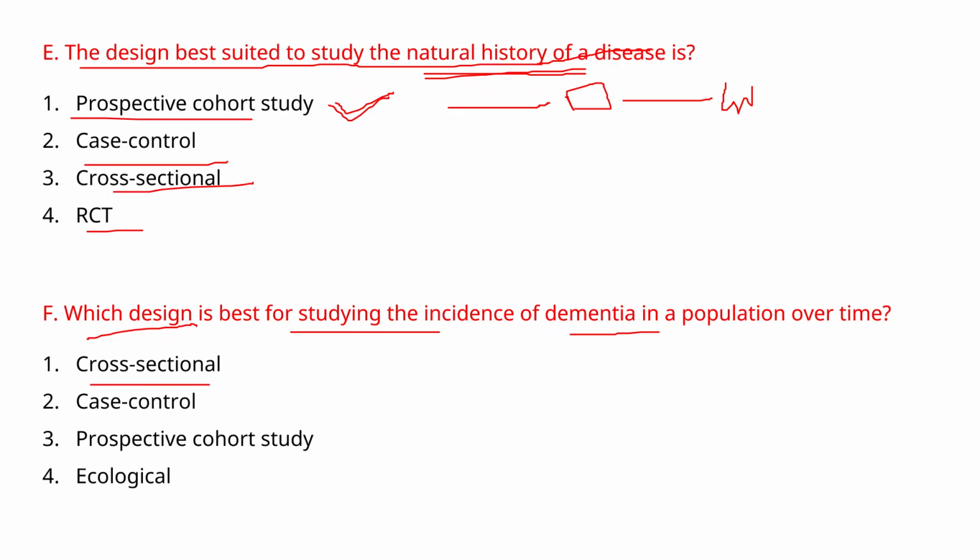The options are cross-sectional study, case control study, prospective cohort study, ecological. The right answer is prospective cohort study. The researchers will take a few participants from old age, and they will follow them to study the development or incidence of dementia.